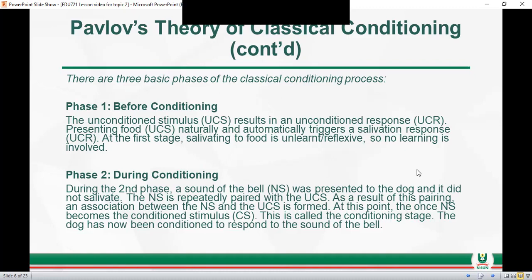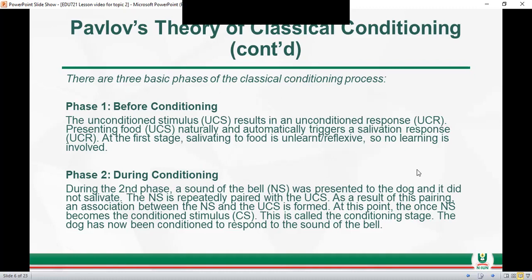At this stage, there was no learning involved because naturally, if you give food to someone and that person is hungry, the person's mouth will start to water. The person will start salivating. It's natural. At this first phase, there is no learning involved. It's a natural occurrence, it's a reflex action.